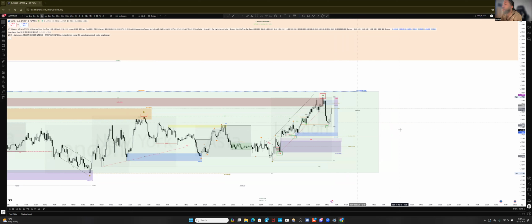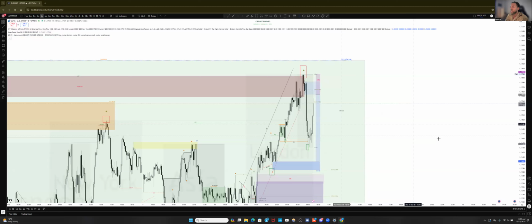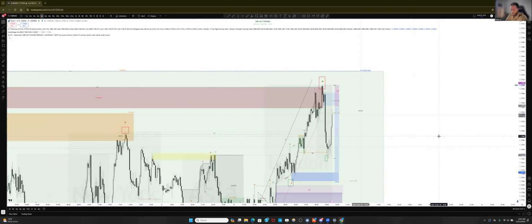So this broker here is a bit different because of the spreads and things like that. I took the trade from the imbalance a little lower, still within the stop loss range. I just had to make up for it in a different way.